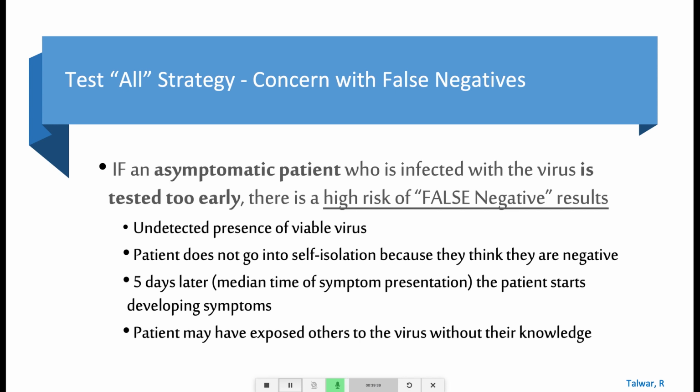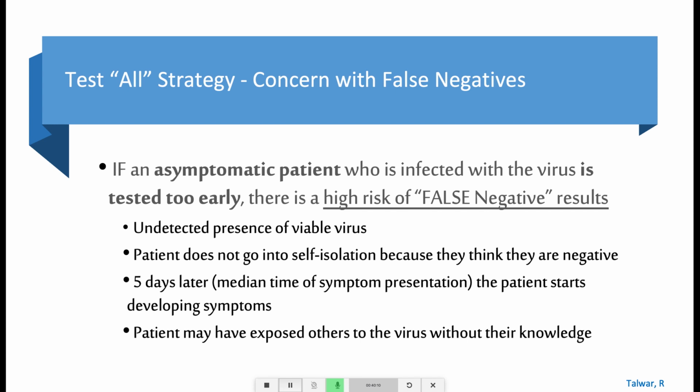There's a lot of questions about testing everybody, the test-all strategy. Dr. Conley mentioned that's actually not a great idea, because if an asymptomatic patient is infected and tested too early, they're not yet producing the virus. So there's a high risk of false negative results when testing everybody, especially people not showing symptoms.